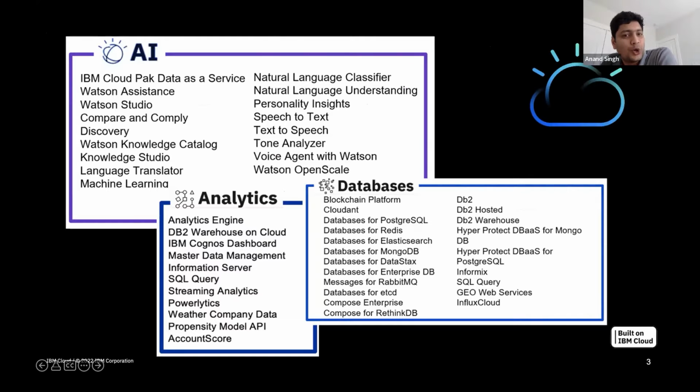For the AI services, there are three major points. One would be off-the-shelf services like our NLP, NLU services, speech-to-text, text-to-speech, discovery, and so on. That's something you can use directly in your research if you see fit.